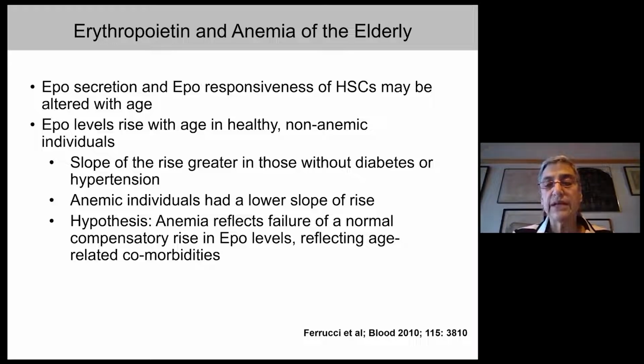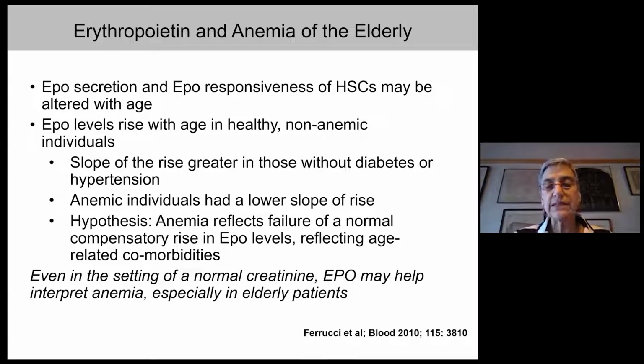And so anemic individuals are ones who have a failure of the normal compensatory rise in EPO levels, reflecting age-related comorbidities, most commonly renal insufficiency. This does not require that the creatinine be abnormal. So even in the setting of a normal creatinine, the erythropoietin level may be extremely helpful in interpreting anemia, especially in elderly patients.